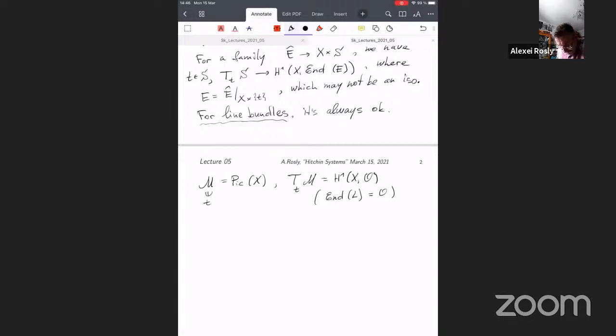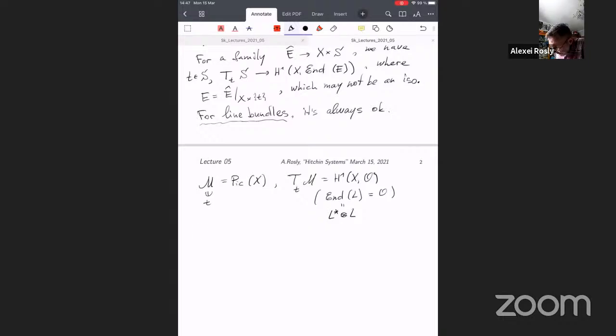Not clear? It's because the endomorphism bundle of any vector bundle is L star tensor L, which for line bundles is the canonically trivial bundle.